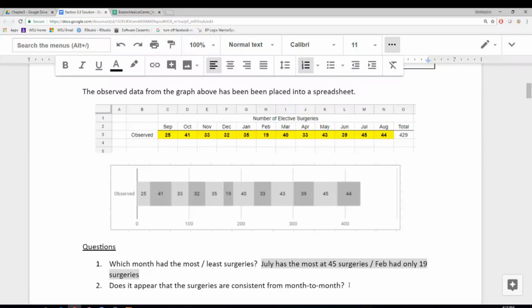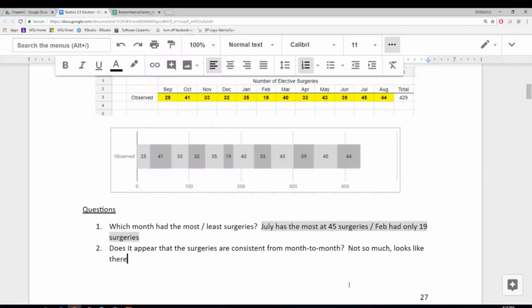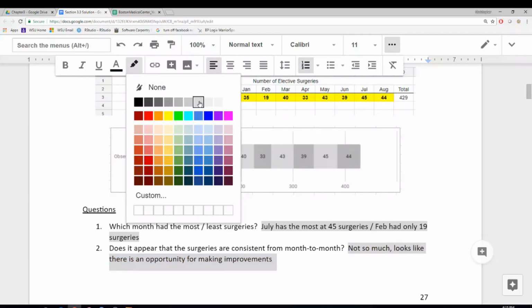So does it appear that the surgeries are consistent? I'm going to say not so much. Looks like there is an opportunity for making improvements. Some months seem to be quite a bit higher than others, and then February sticks out as being substantially lower as well.